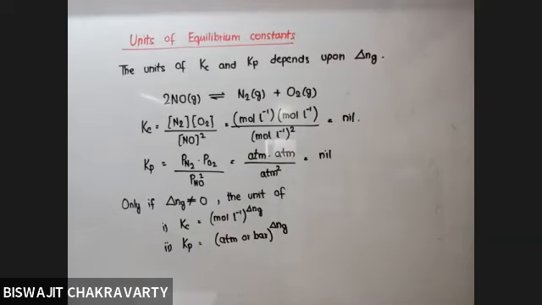Okay. So for the reactions where there is no change in the number of moles of gaseous substances, Kp and Kc won't have any unit. They are dimensionless, they are unitless.